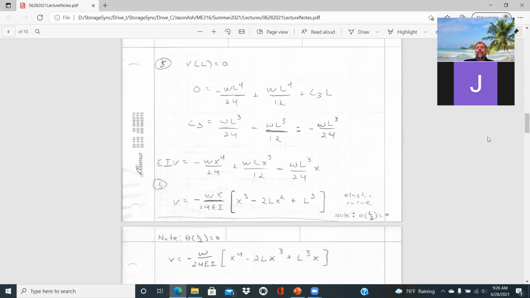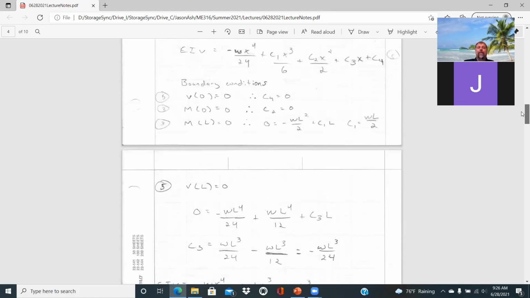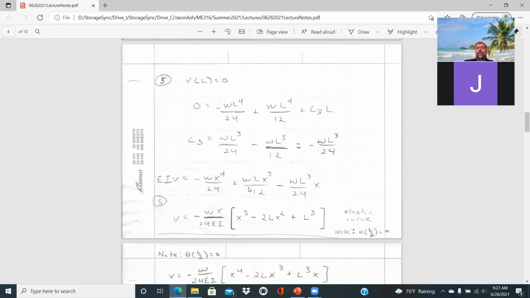When we plug those constants of integration back in for equation 5, we end up with EIv equal to minus wx to the 4th over 24 plus C1. We plug in C1 there. wL over 2 times x cubed over 6 will give us wL x cubed over 12.